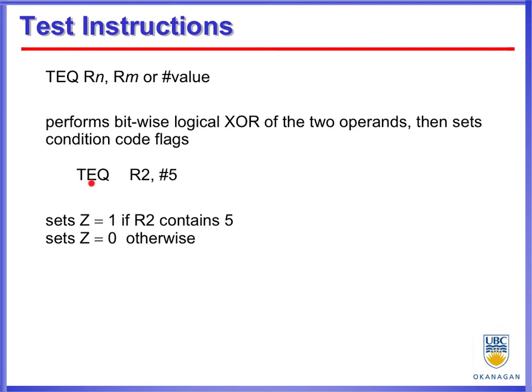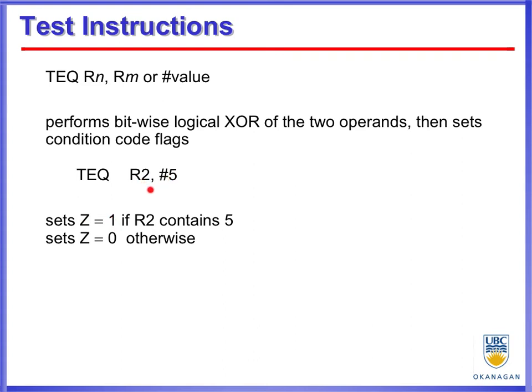But again, this instruction is going to set a Z bit. If R2 actually does have 5 in it, well then it's going to set the Z bit equal to a 1, because the logical exclusive OR of 5 with 5 is 0. So it will set the Z bit, the 0 bit, to 1, and you'll know that these two are equal.